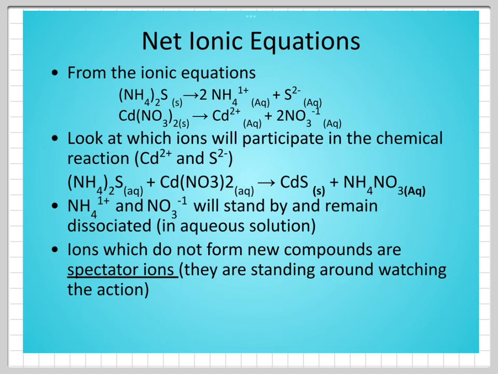Now, to get to the point of writing a net ionic equation, we already did this step where we wrote a dissolution or ionic equation for each of those. We already did the step where we figured out which potential products were soluble and not. And then what we have to look at is which ions are just standing around not doing anything.